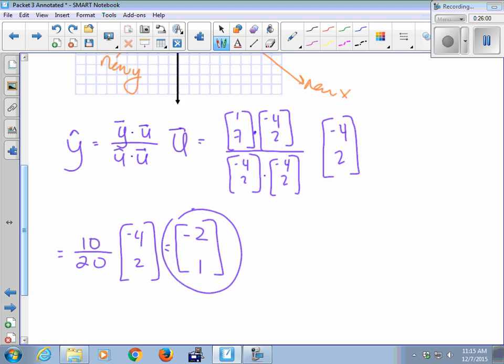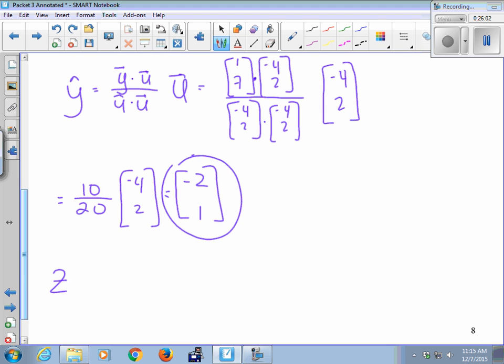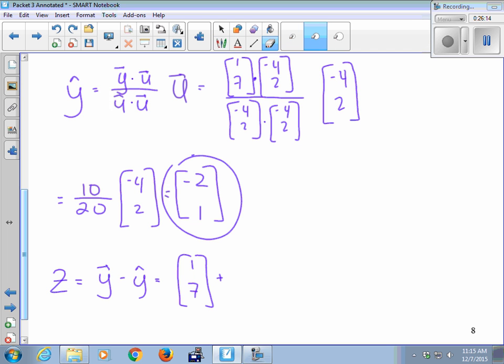All right, so then z, right? Z we just calculate by doing y minus y hat. So y is 1, 7, minus y hat, which we just found, negative 2, 1.